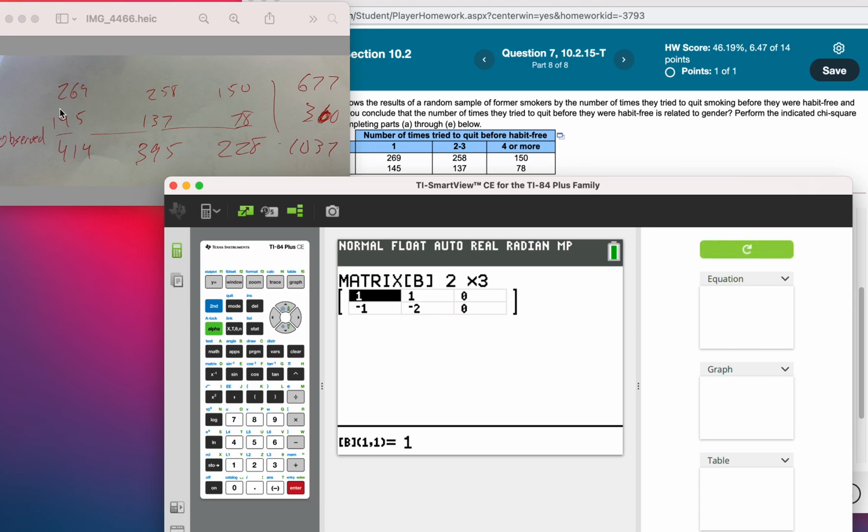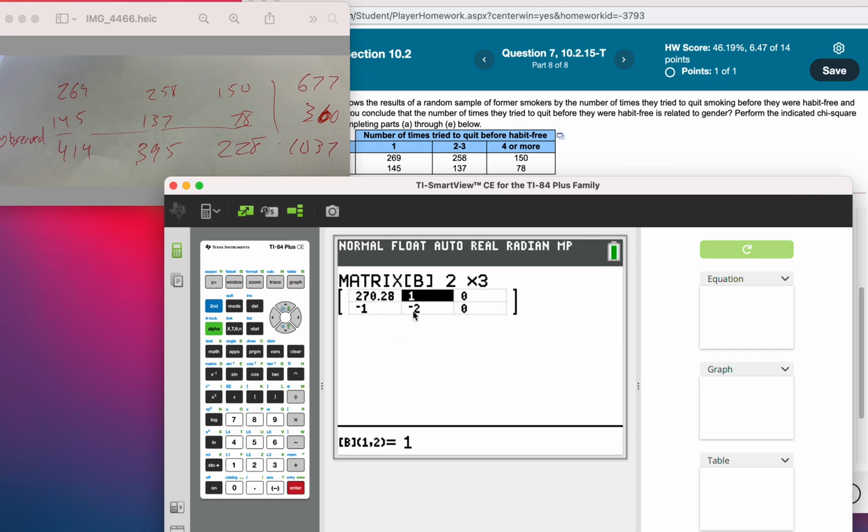To get the expected value for this spot, it's the total of that column times the total of this row, divided by the overall total, which is the sample size. So it's this number times this number divided by this number. That's 414 times 677 divided by 1037.